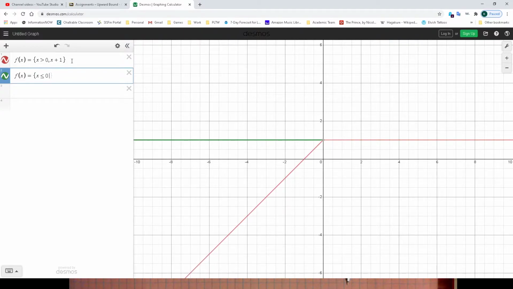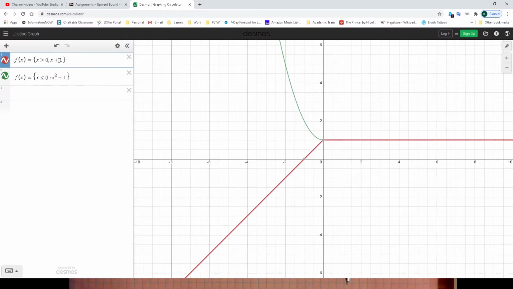There it is. It's a semicolon, not a comma.